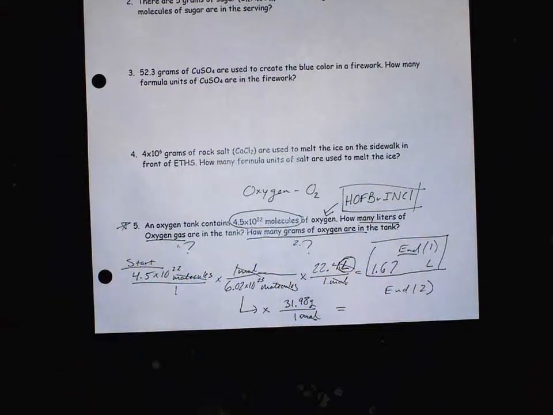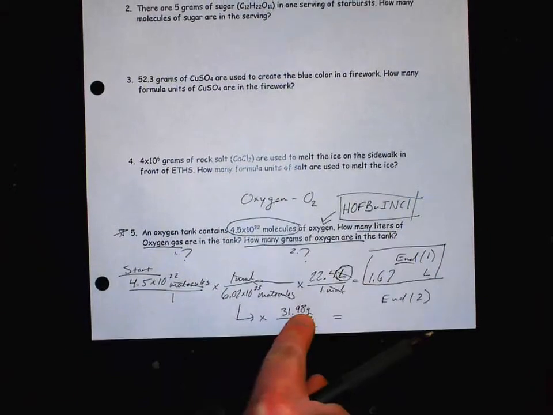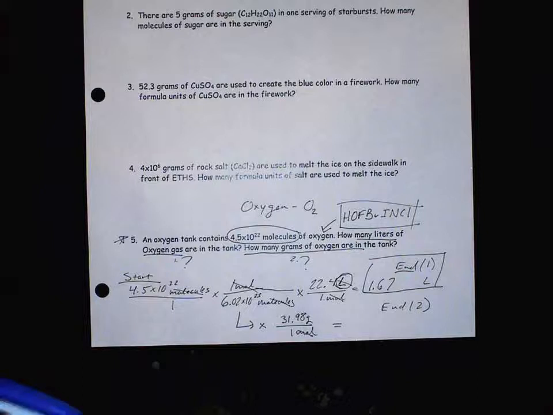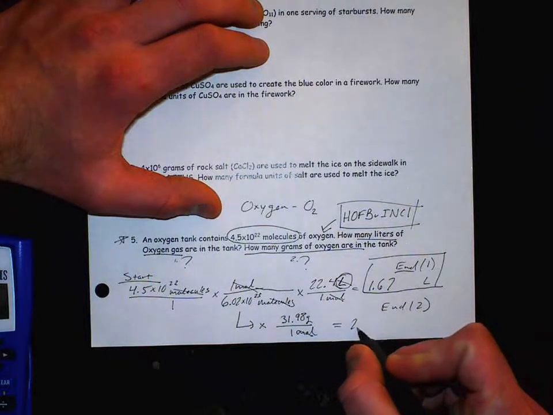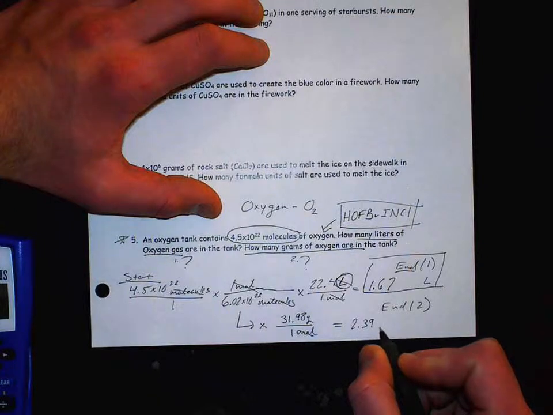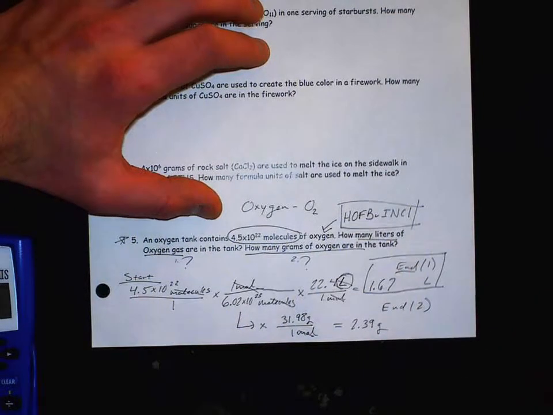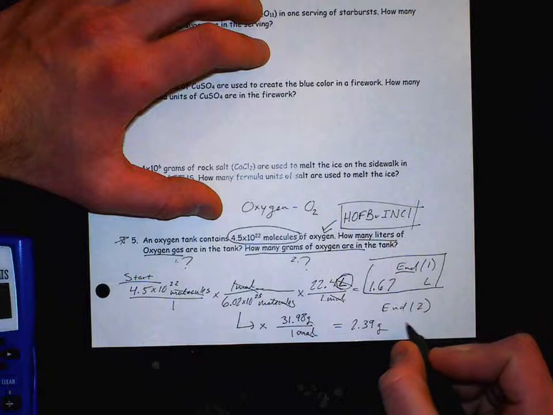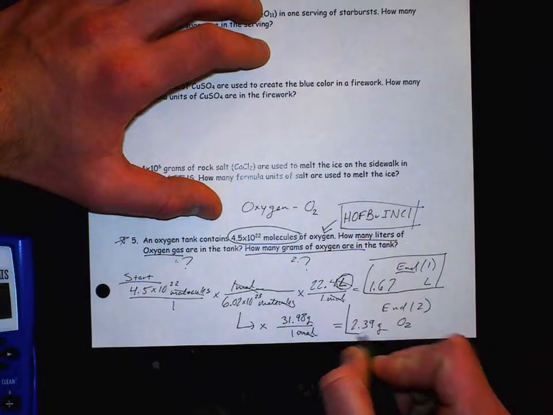It's going to be 4.5 times 10 to the 22nd times this number in parentheses, divided by, in parentheses, Avogadro's number. And you get 2.39 grams of O2. So this is our second ending.